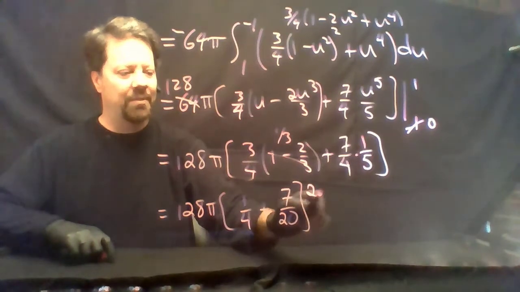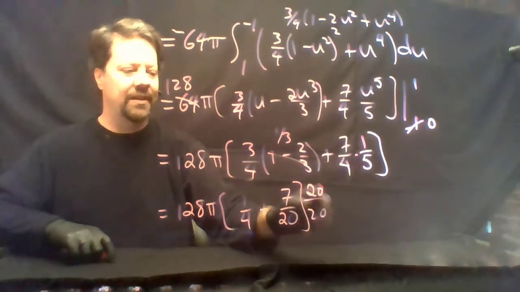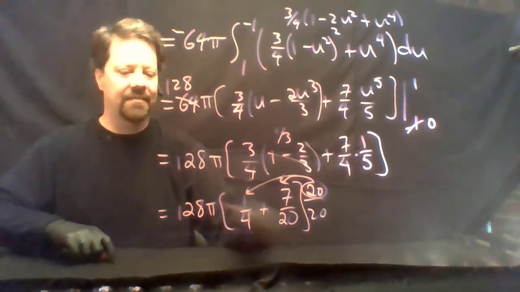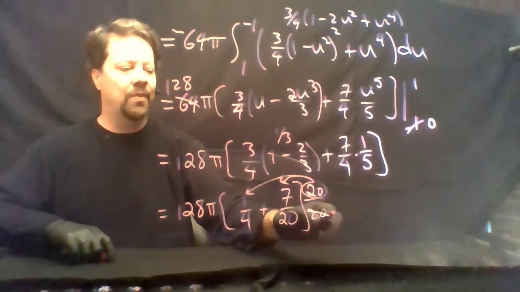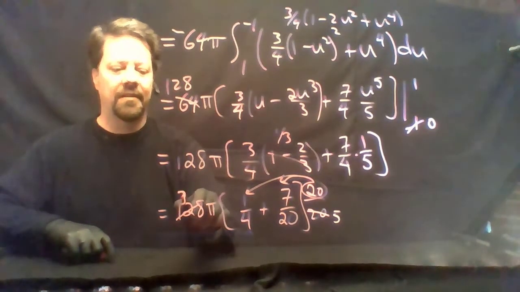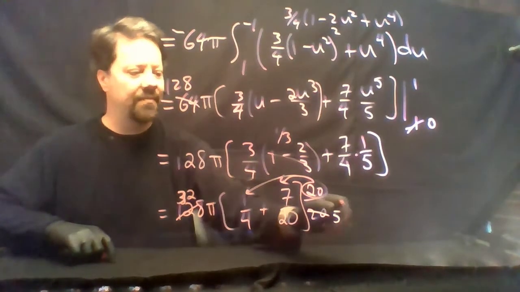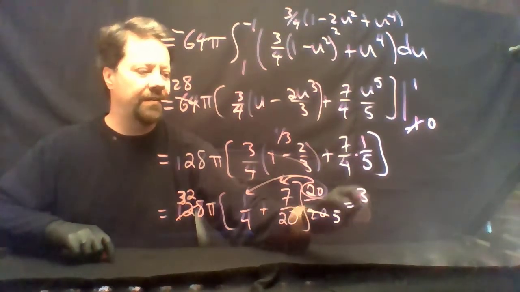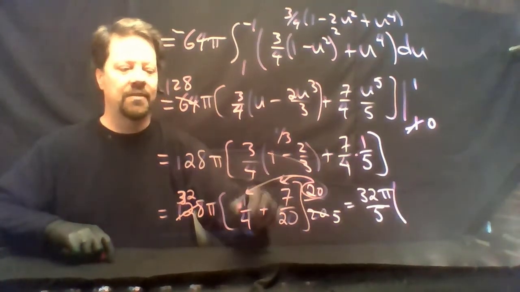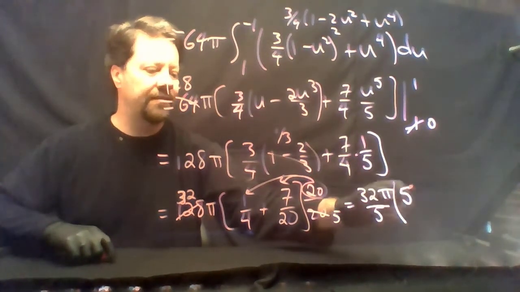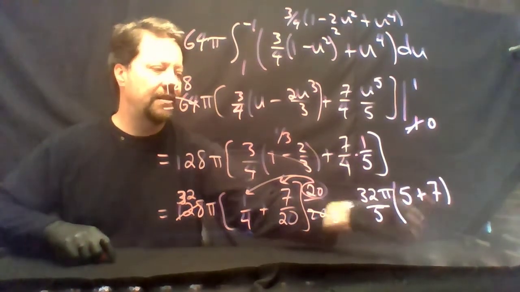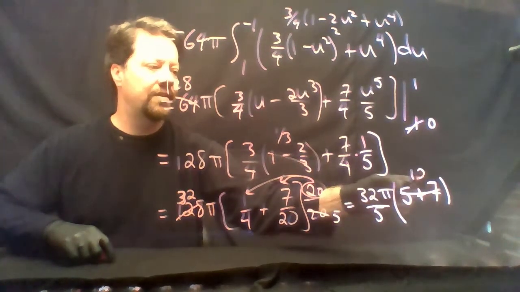You can see that if we multiply by 20 over 20, we can distribute this 20 and get some simplification. 4 goes into 20 5 times, and 4 goes into 128 32 times. So far we have 32 pi over 5. 1/4 of 20 is 5. And then 7. 5 and 7 is 12.